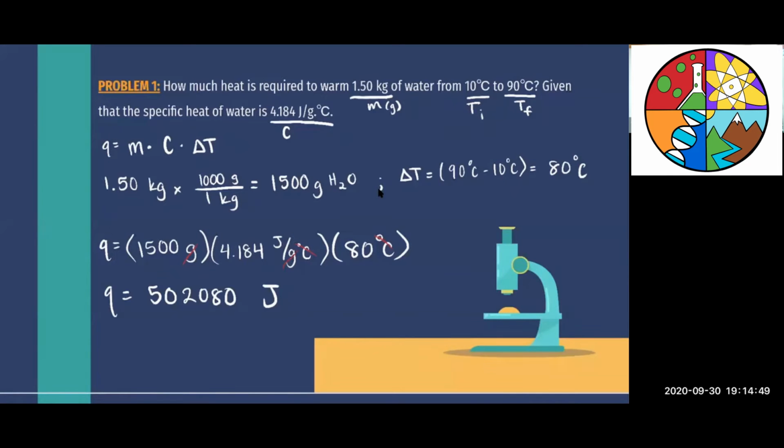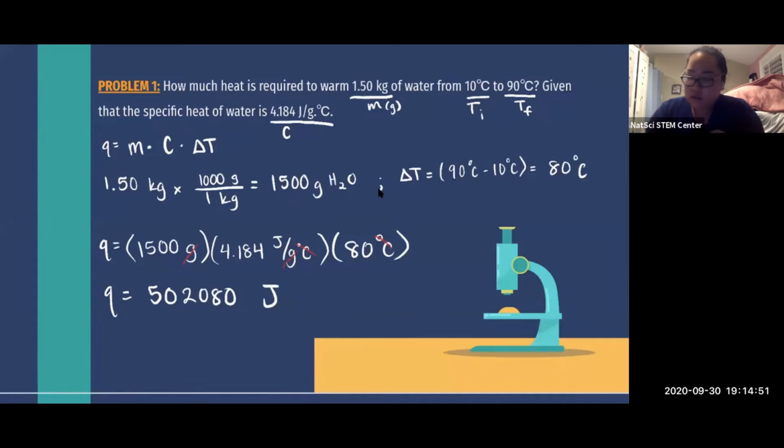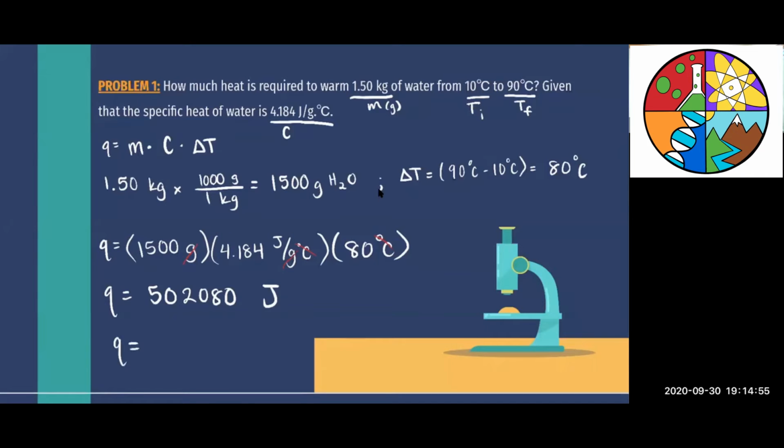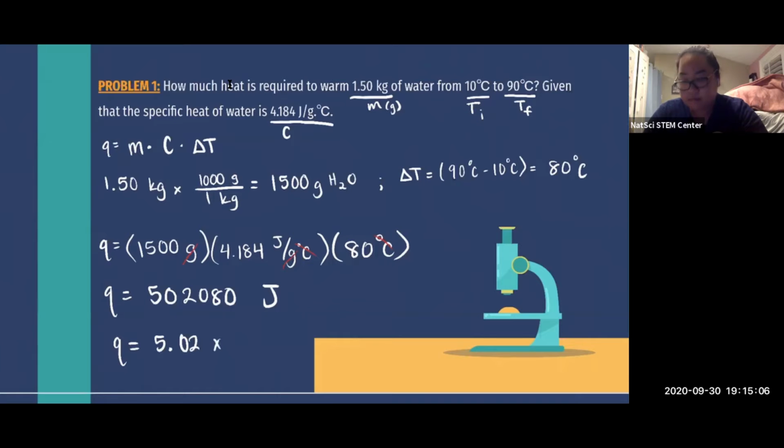You're going to disregard the temperature in this case, since the mass has only 3 sig figs. So 3 sig figs will be 5.02 times 10 to the 5th joules, and that's your answer.